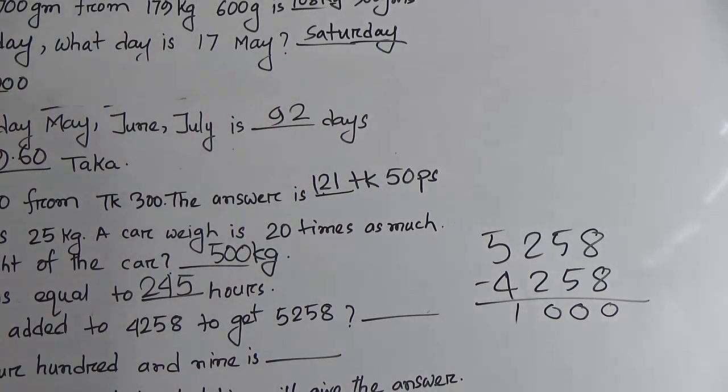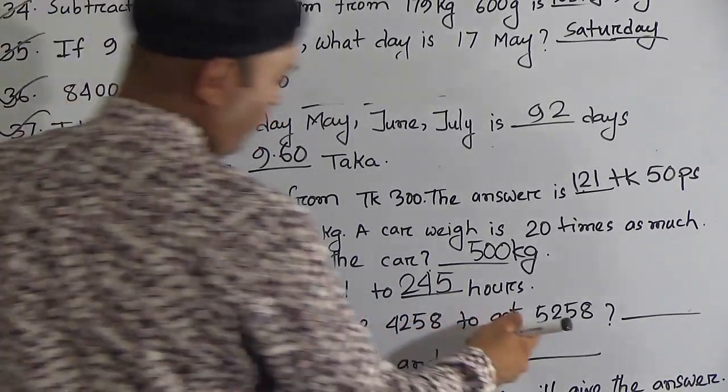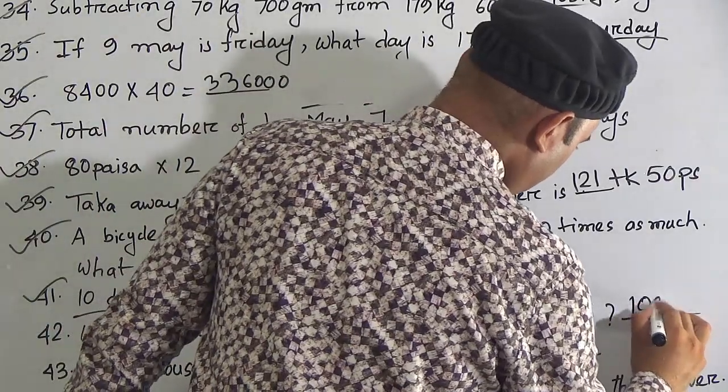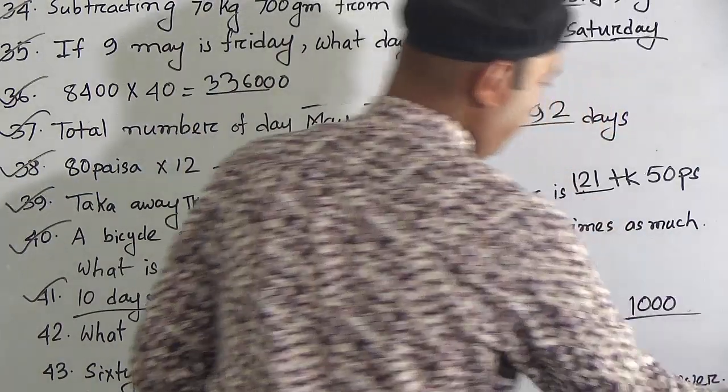So what should be added to 4258 to get 5258? It will be 1000. Hope you understood this one.